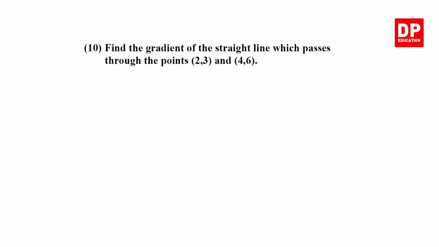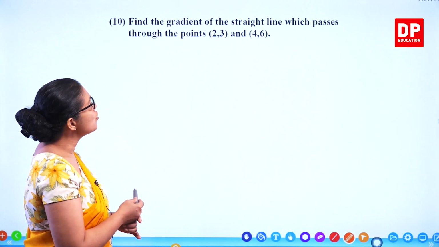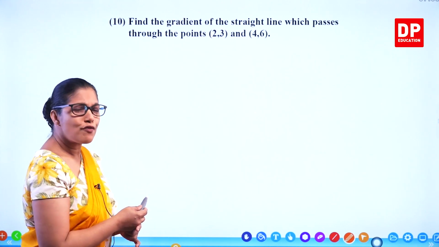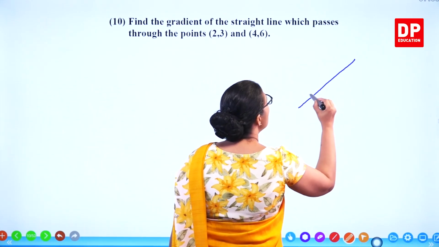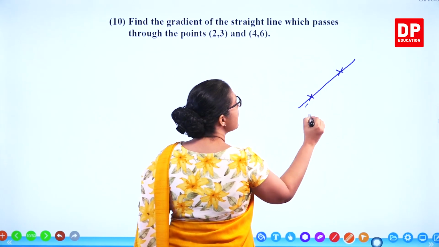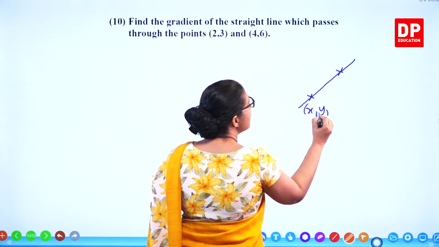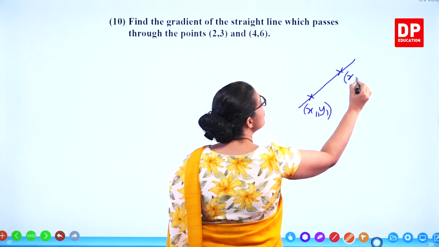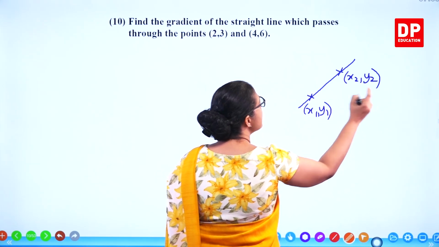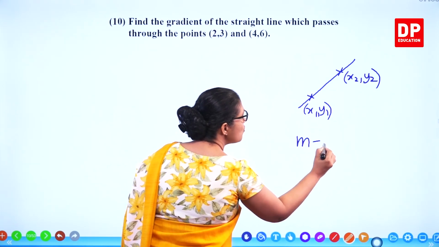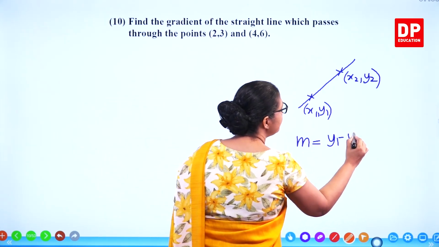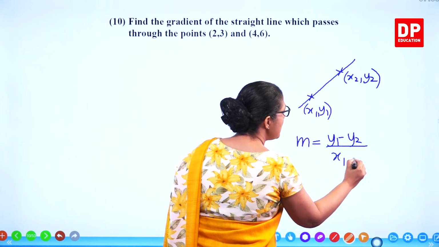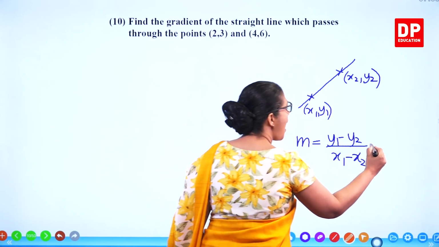Question number 10. Find the gradient of the straight line which passes through the points (2, 3) and (4, 6). So how do you find the gradient of a line? If you know any two points on the line, we'll say (x1, y1) and (x2, y2), then you can find the gradient using the formula: the difference between y coordinates over the difference between x coordinates, or you can take it the other way around.